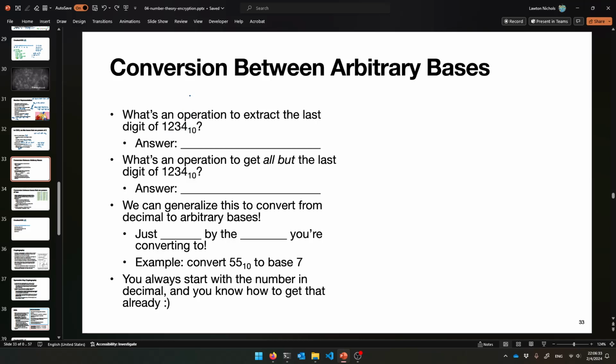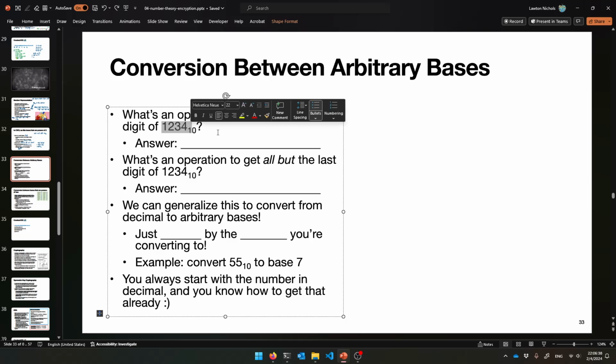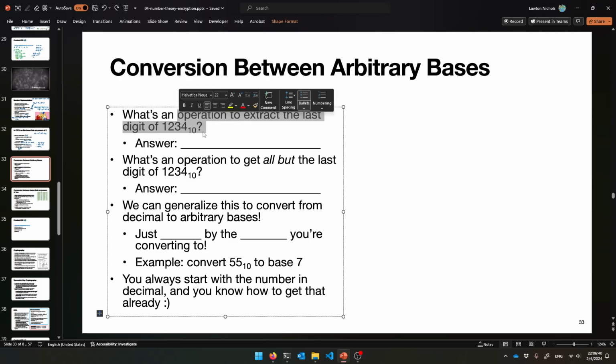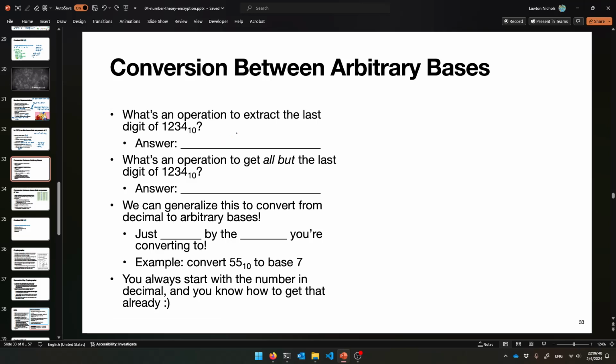Let's extract the decimal digits of a decimal number. Have you seen this before? How would you extract the last digit using math of 1,234, just the normal decimal number? How would you get the 4 out, with some generalizable mathematical thing? What would you do to 1,234?